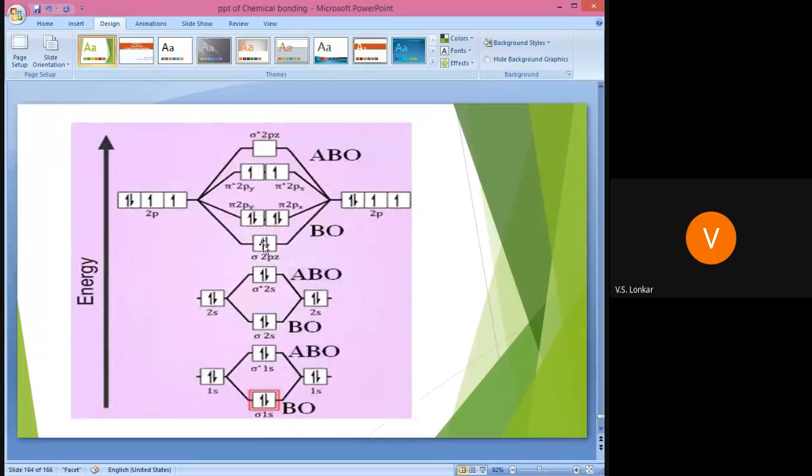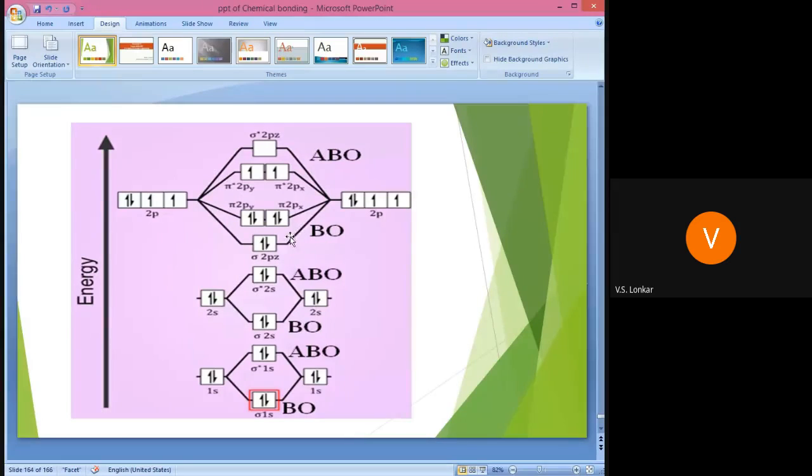In the fluorine molecule, sigma 1s2, sigma star 1s2 just represent the number of electrons here. Sigma 1s2, sigma star 1s2, then sigma 2s2, sigma star 2s2, then sigma 2p2, here it is z.